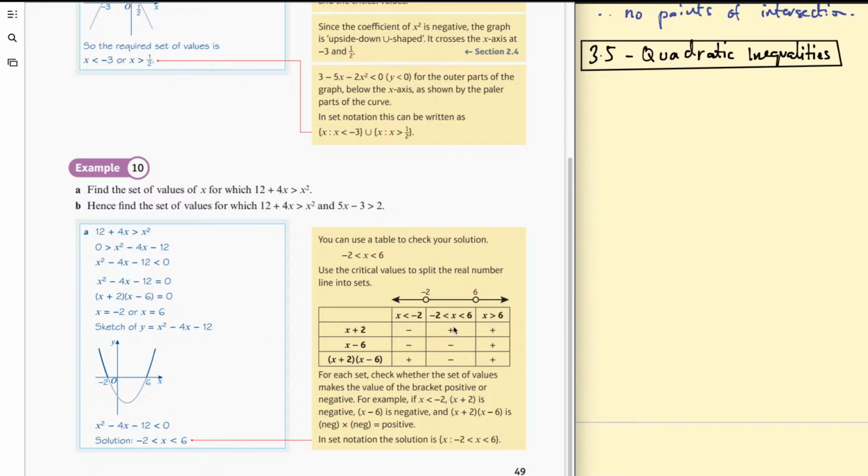So basically what this is saying is, if the graph looks like this, you should get a negative value for x between -2 and 6. So if you plug in, say, 0 for x, you should get a negative solution. If you plug in 7 for x, you should get a positive solution. And if you didn't, maybe you know that your graph is wrong.